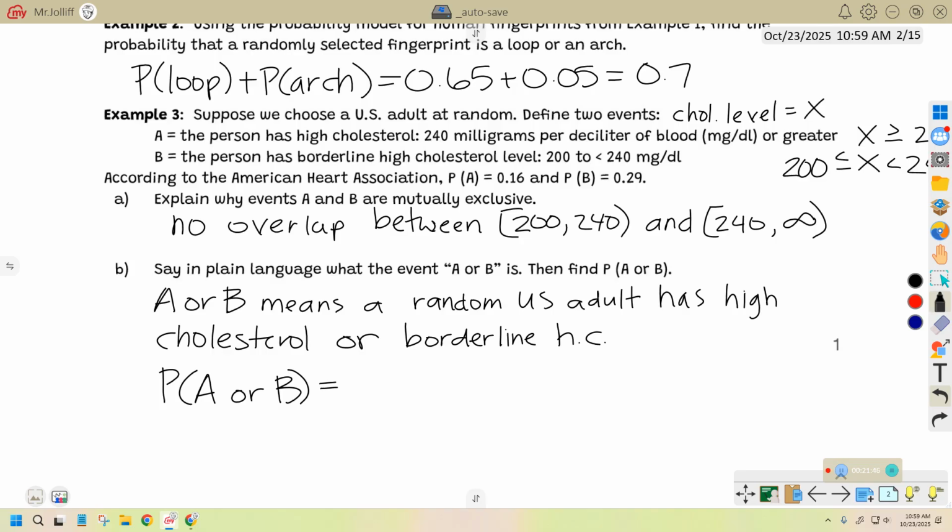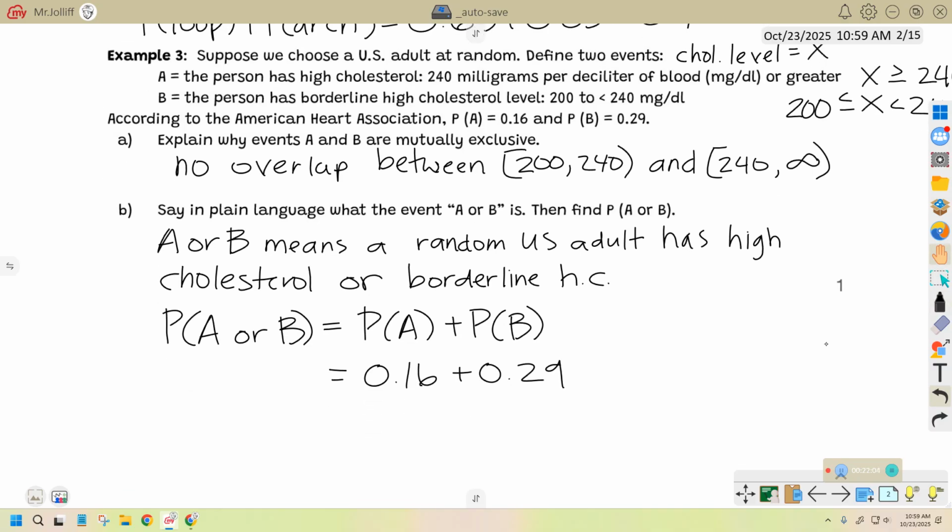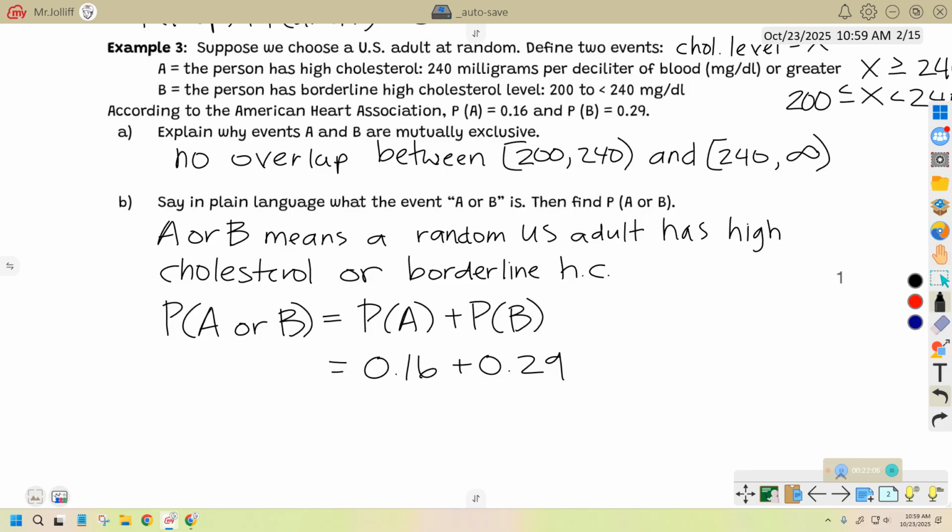I just heard it. Add, yeah, we're going to add. P(A) plus P(B). They gave us those values. P(A) is 0.16, P(B) is 0.29. I am fairly certain those are going to add to 0.45. Somebody should check my morning math because my brain is still mush. Thank you, Bree.